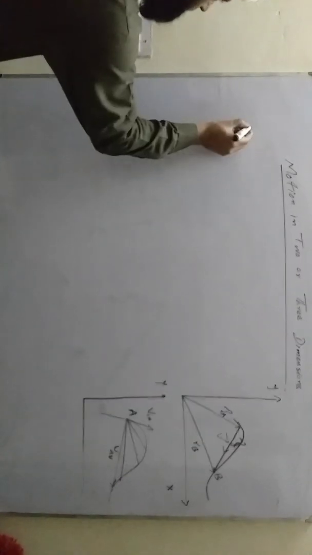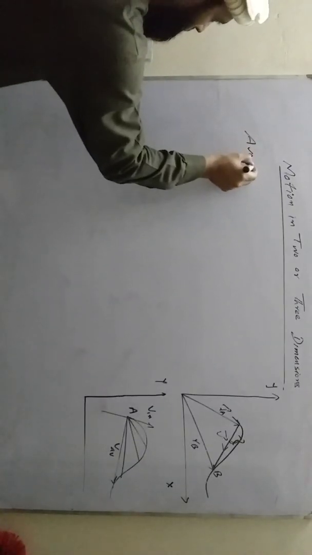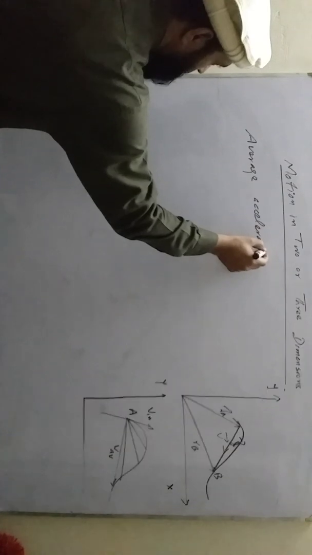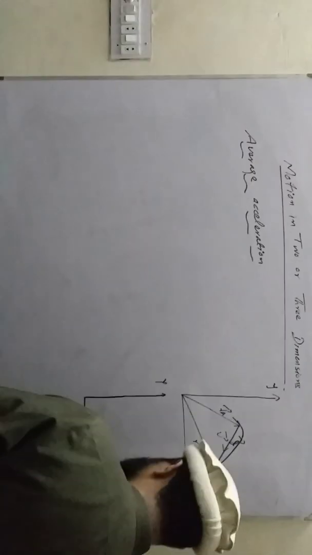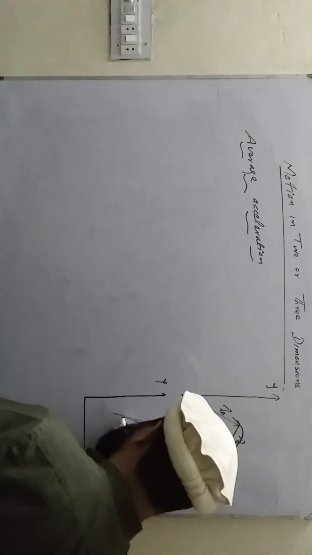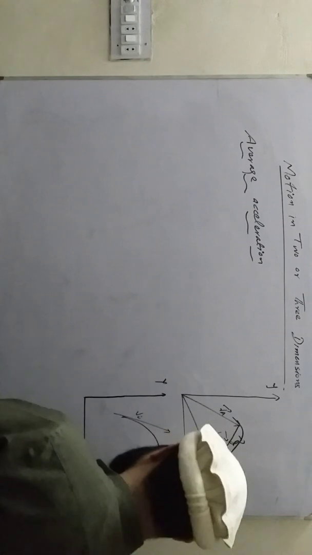Average acceleration: let us consider again the velocity at this moment is vi, and at some later moment is vf.